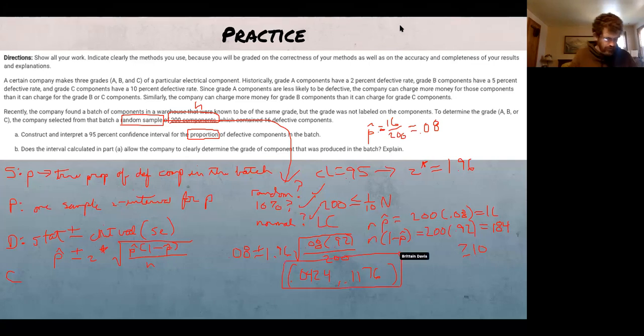And now I'm just going to write our conclusion. The conclusion, of course, is our interpretation. We don't just leave it with numbers on the page. We want to put a sentence to explain what we've got.